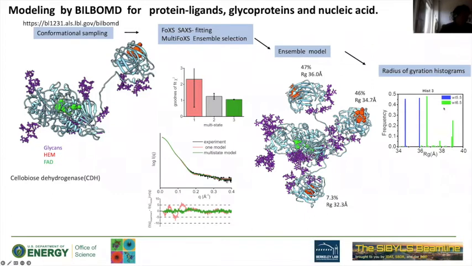You can use this kind of modeling tool to look at different conditions. In this case, Bettina was looking at different pH, and how flexibility is affected by pH. At lower pH you see much more compact conformers.